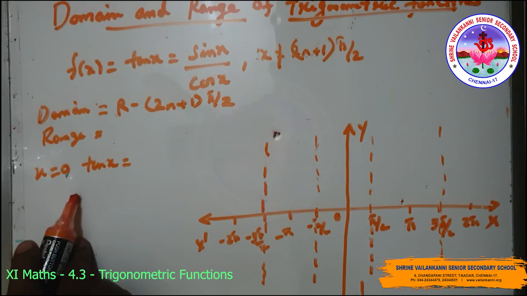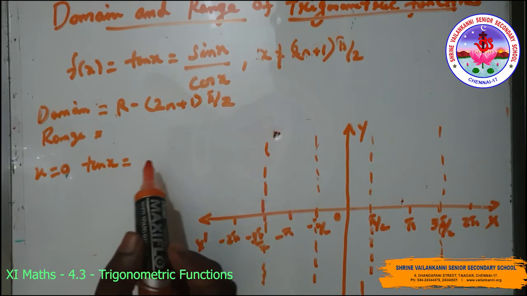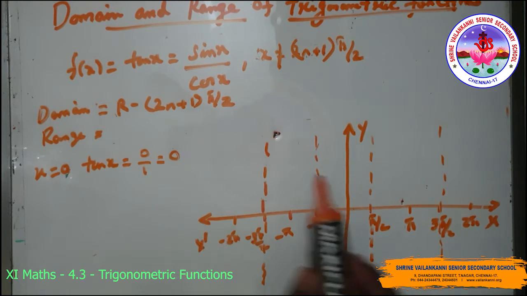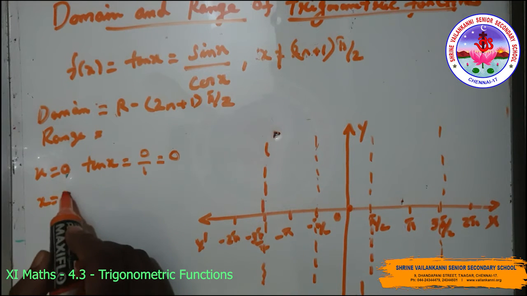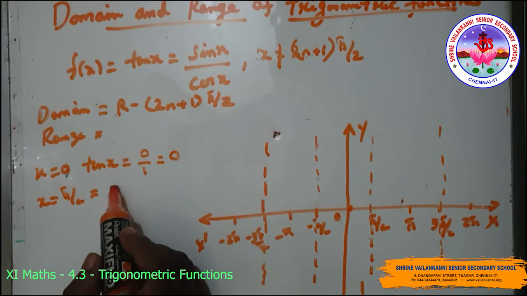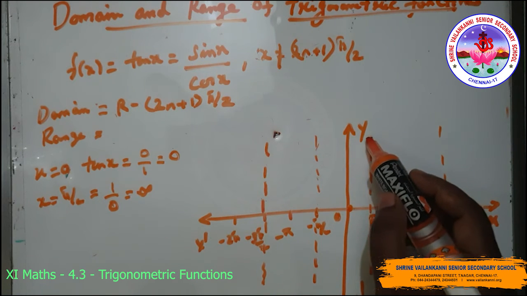So when x is 0, tan x is sin x by cos x, sin 0 by cos 0, which is 0 by 1, which is 0. So here the point is 0. Then when x is pi by 2, sin pi by 2 by cos pi by 2, which is 1 by 0, which is infinity. So we can draw the graph like this.